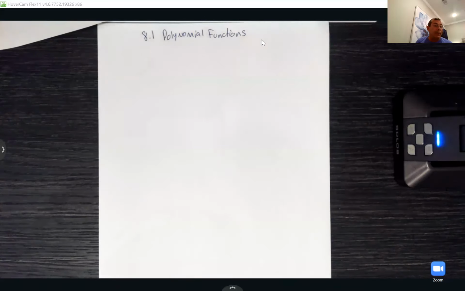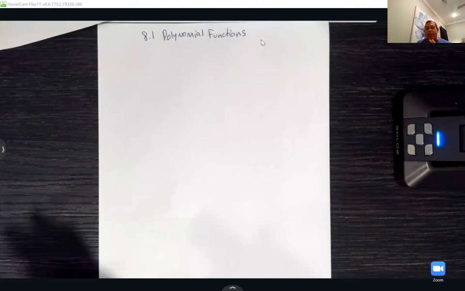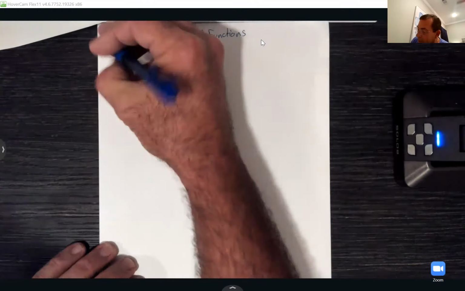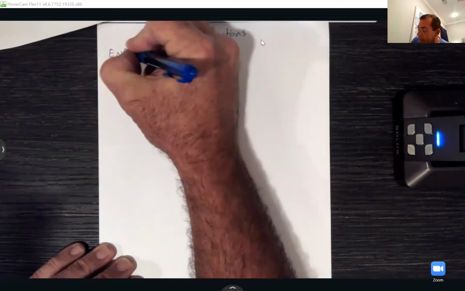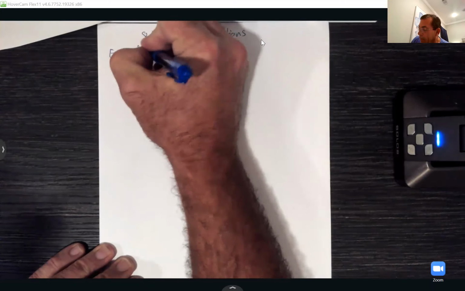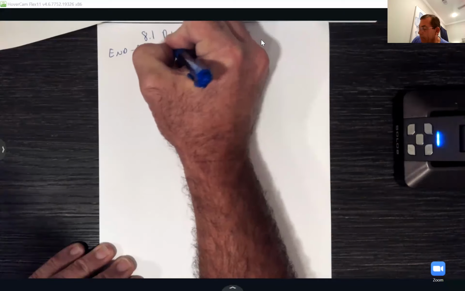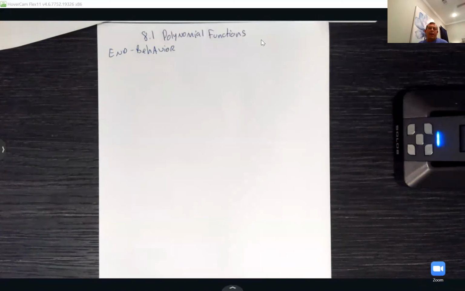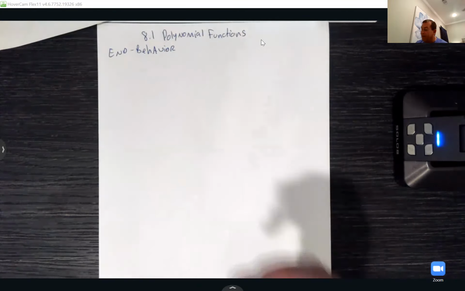So first thing we're going to look at is what we call the end behavior of a graph. And this looks at what the graph does as those x's approach negative infinity and infinity.